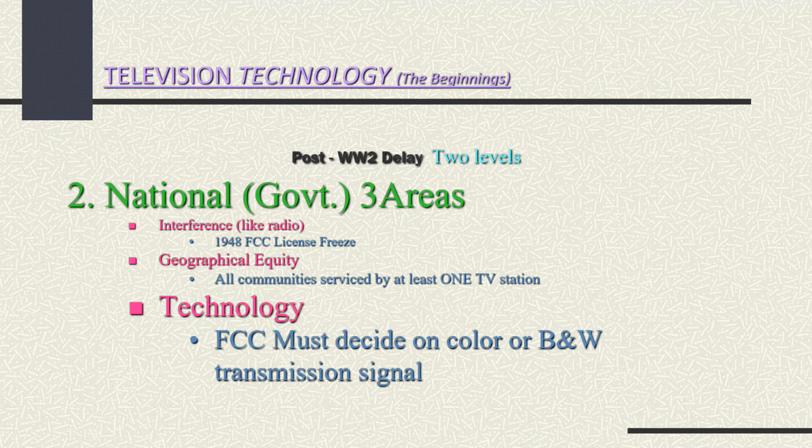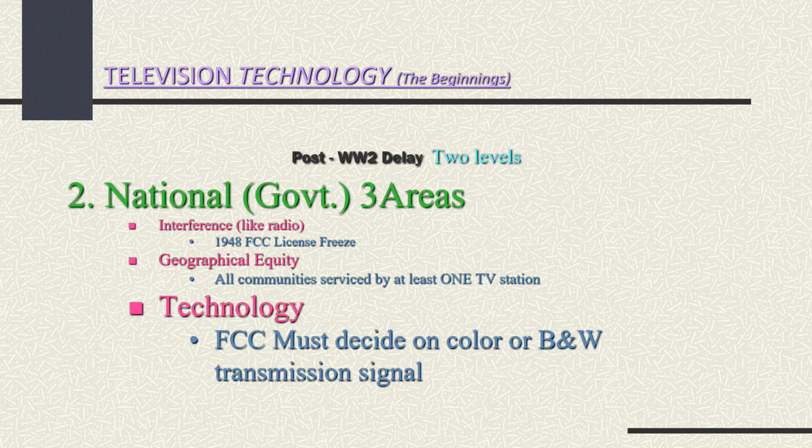A third technical question that the government had to determine was, previously to World War II, the FCC had decided that signals generated by television transmitters would only send out signals that could generate black and white images.